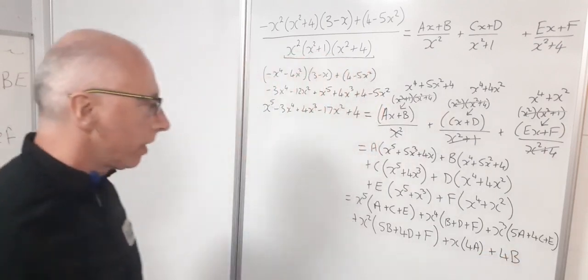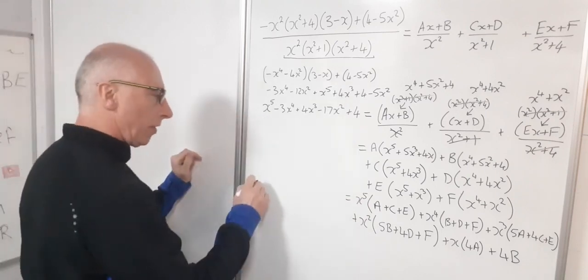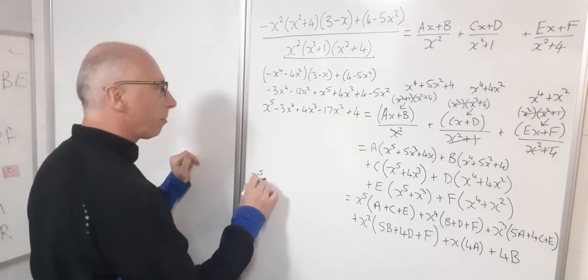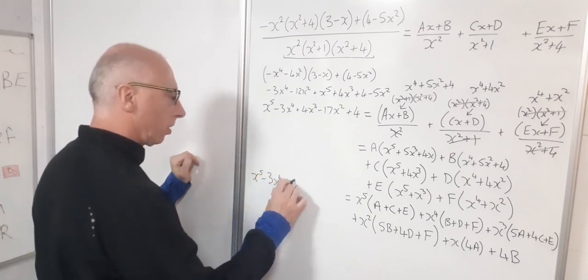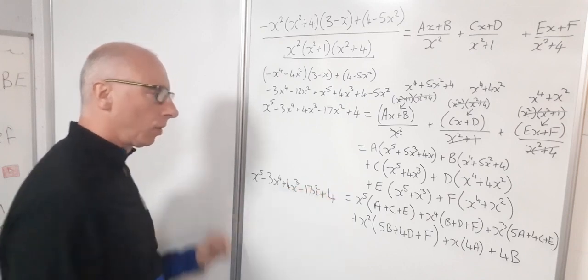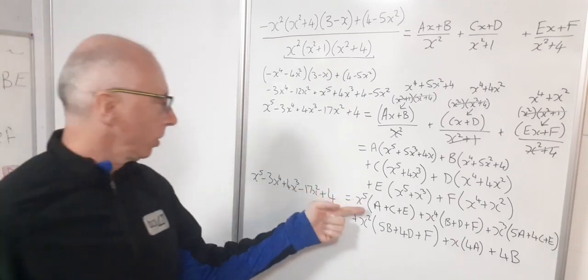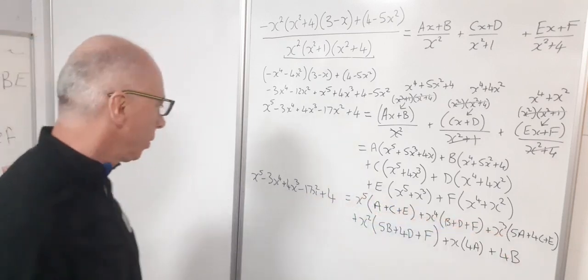Okay, right. Now that is set to be equal to this one. So I've now got x to the 5 minus 3x to the 4 plus 4x cubed minus 17x squared plus 4. So now the corresponding coefficients of each one is set up nicely to give me the value of that coefficient.